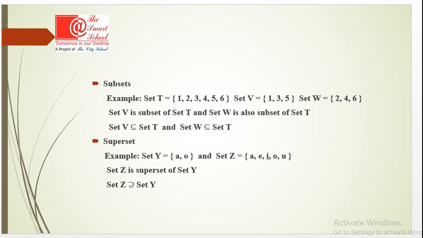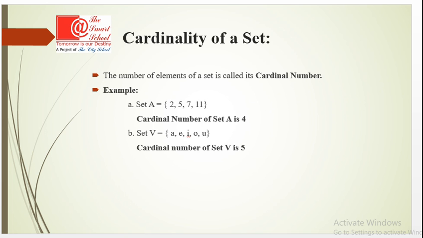Now we will come to the last point of today's lesson, which is cardinality of a set. The number of elements of a set is called its cardinal number. It means we will just count the elements, and whatever the number of elements, that is called its cardinality. For example, set A has members or elements 2, 5, 7 and 11.